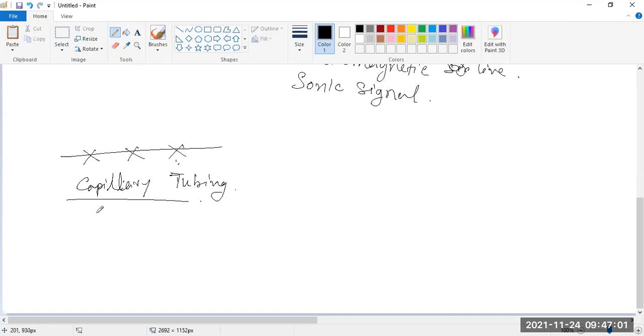Another one: if there is this type of symbol, then it is called locally mounted. If this type is there, it is mounted on the main board.